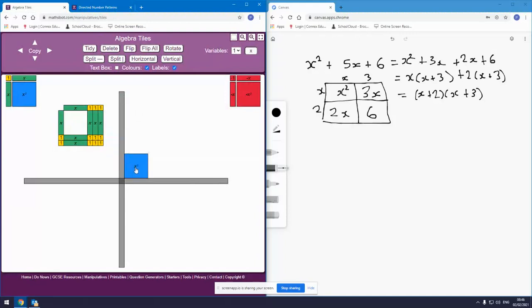So if we were going to do that using an axis, we might set up something like this. These are obviously not part of my area. Those were the lengths and the widths.